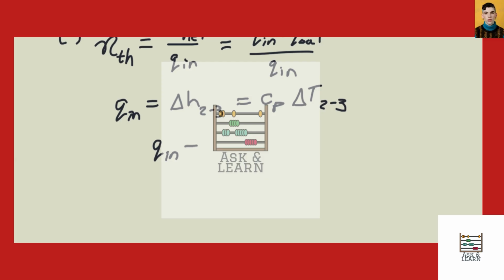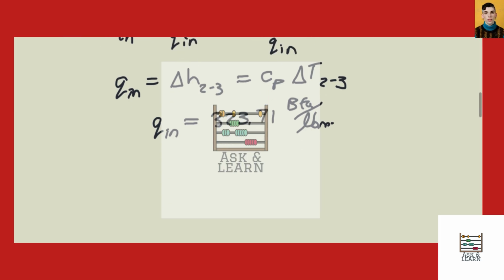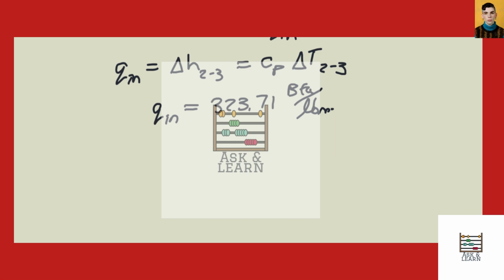And we get a heat added of 323.71 BTU per pound mass, just per pound mass. Excuse me. And then you plug that into your thermal efficiency equation, and you get a thermal efficiency of 52.65%.